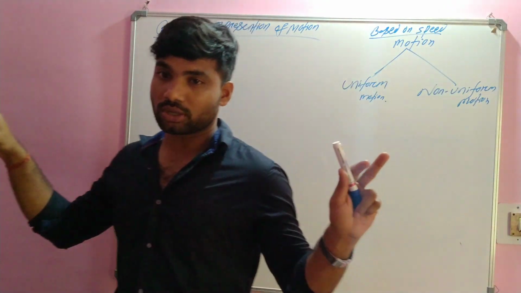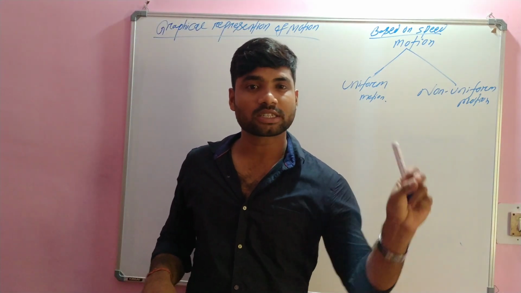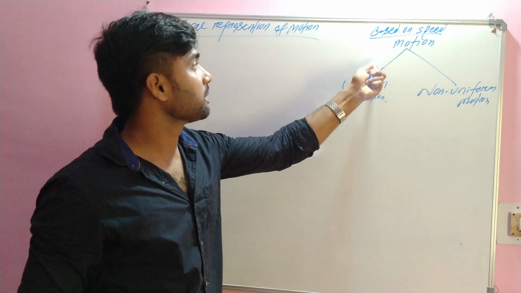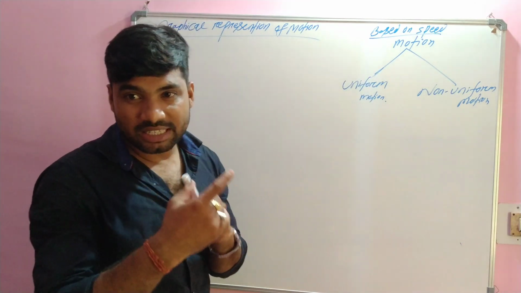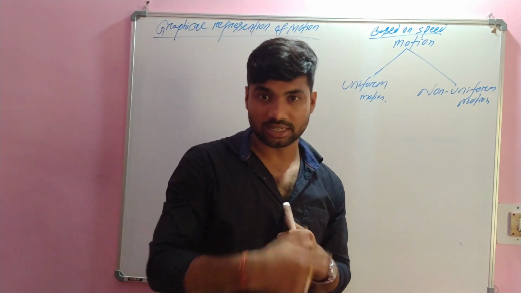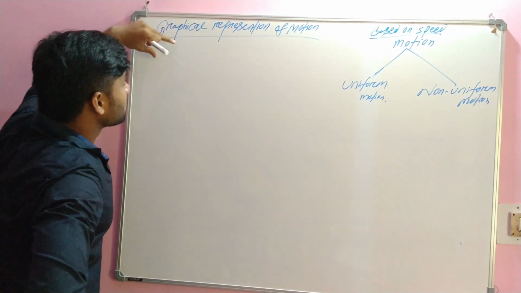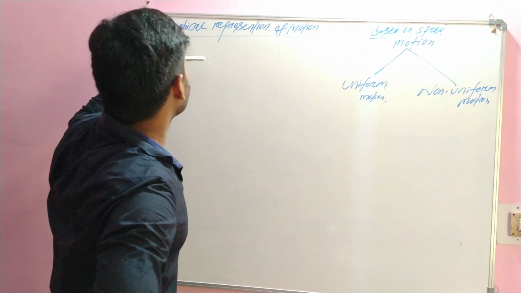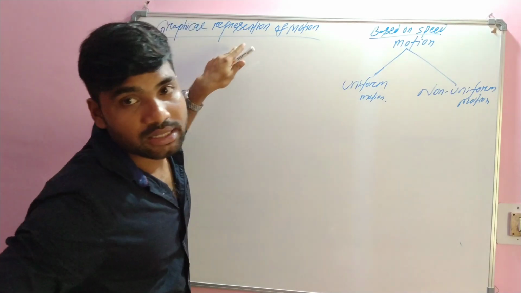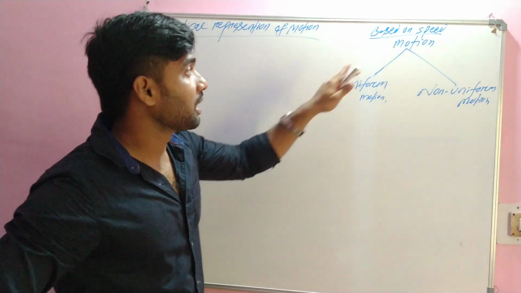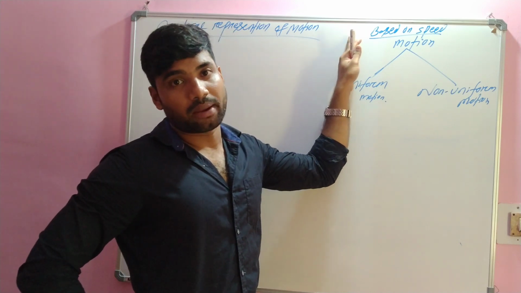Time always goes on, so time is always constant when you represent motion on a graph. Only distance and speed vary. There are two types of graph: one is the distance time graph, another is the speed time or velocity time graph.